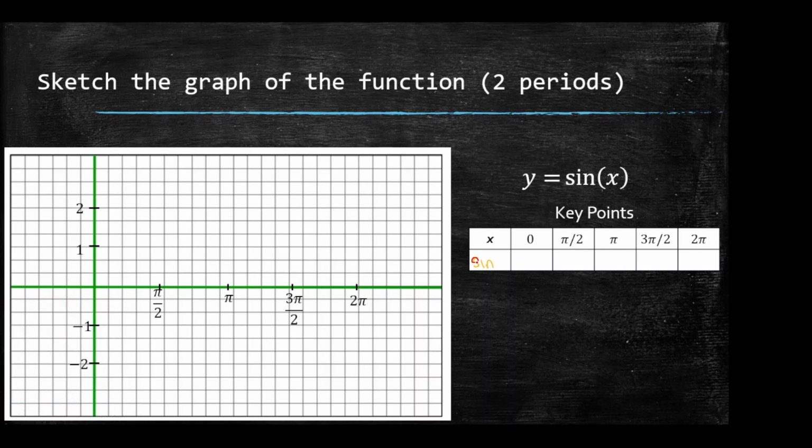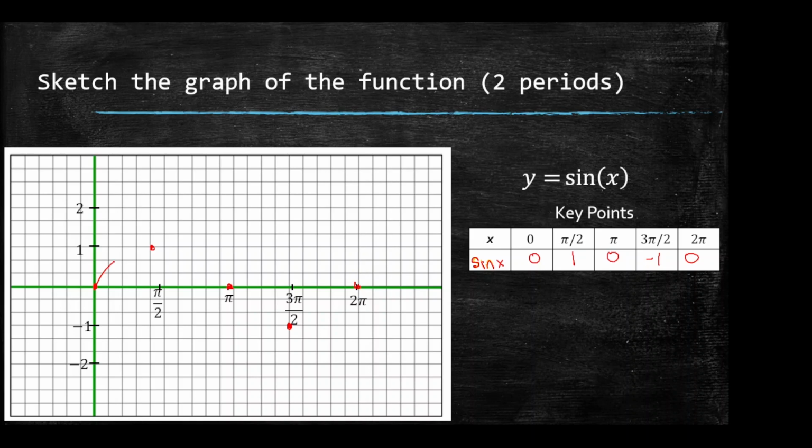So this is sine of x, my y value column. Again, I start off at 0 and 0, and we know this because we beat this horse to death. This is 1, back to 0, -1, and 0. There are some key points in here, so all I'm going to do is plot these key points. So 0, 1, 0, -1, and then back up to 0.